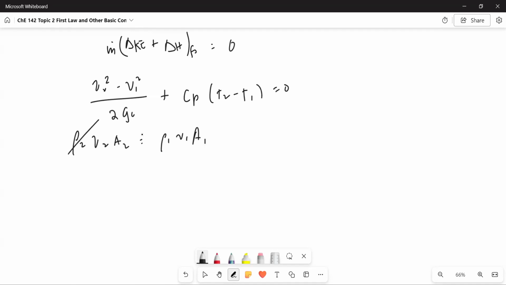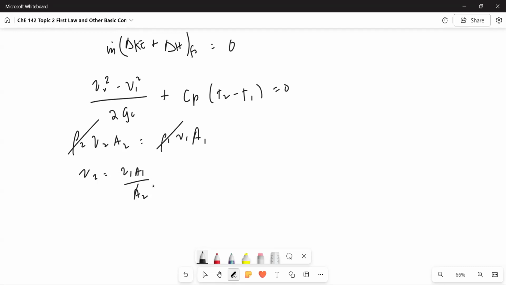Then it's water throughout, so density cancels. Solving for V2, V2 equals V1 A1 over A2, right?